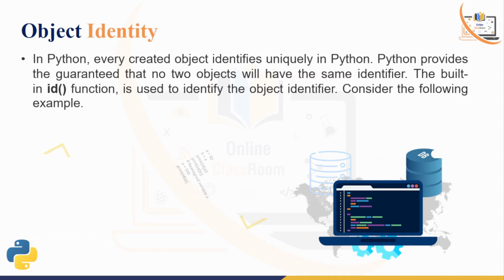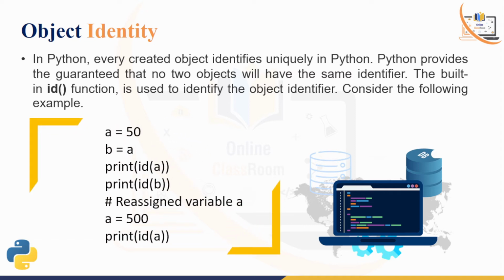Now, consider the following example. If I write A equals 50 and B equals A, and now I print the value of id of A and id of B, and suppose after that I change the value of A and again print the id, then what happened?